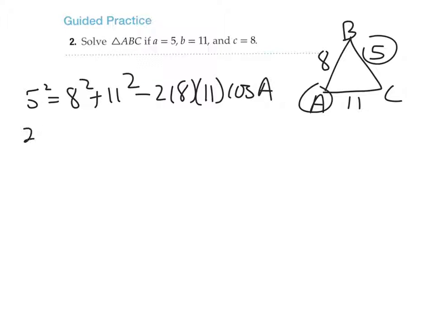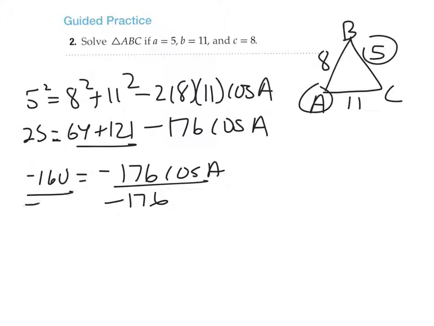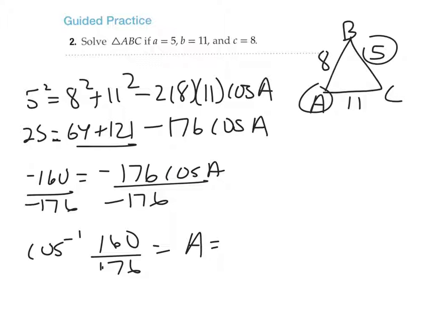So now we do our math. 25 equals 64 plus 121 minus 176 cosine of A. And continuing with the math, by putting these together and subtracting it, I end up with negative 160 on this side equals negative 176 cosine of A. I'm going to divide by negative 176, and I'm going to do the inverse function of that, and I get the answer to A as 25 degrees.